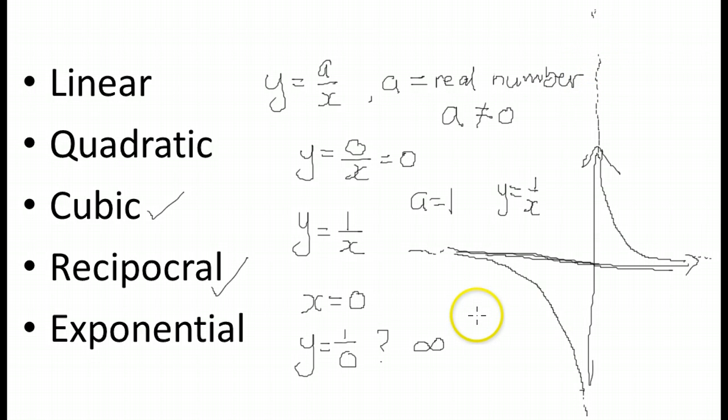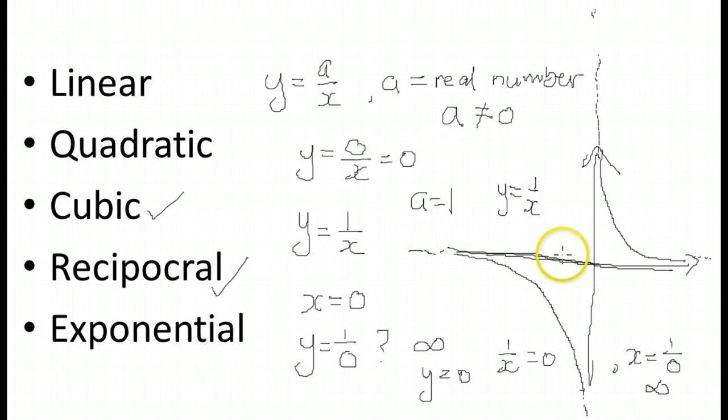This is the similar case when y is 0, because when y is 0, it will mean 1 over x equals 0, and thus x would be 1 over 0, which means infinity as well.